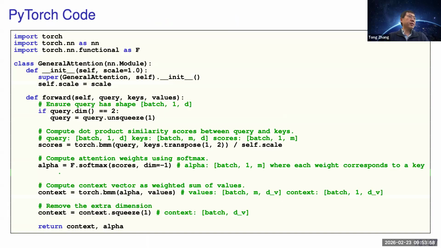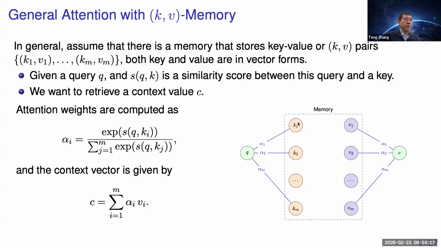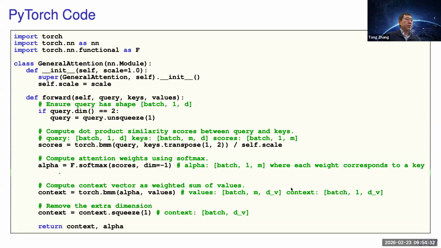Here's a PyTorch implementation of general attention. It uses batch matrix multiplication. You're starting with a batch, because in PyTorch the first dimension is always the batch, right? Keys will have M keys, since you're looking at your memory, and each corresponds to a memory slot. Usually there is just one query, of D dimension.